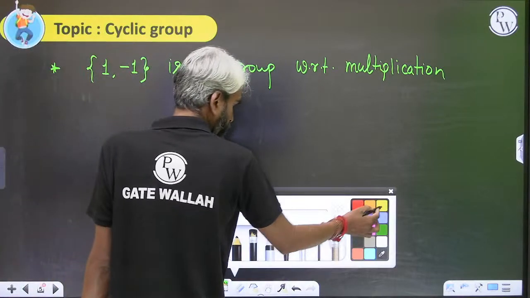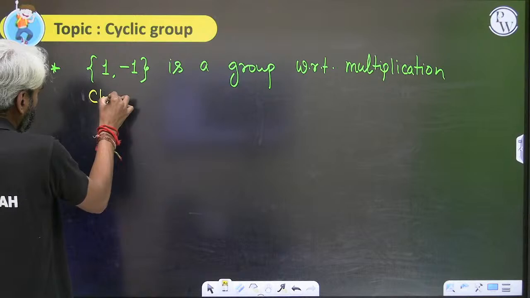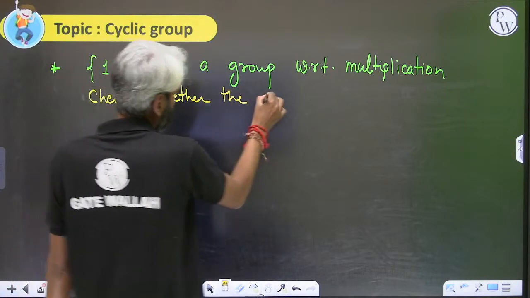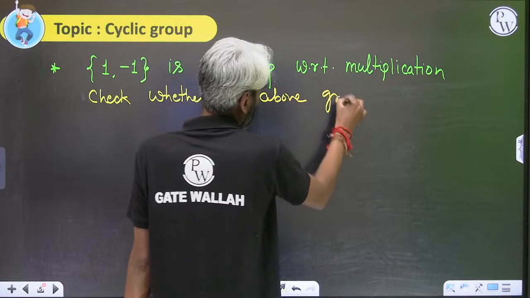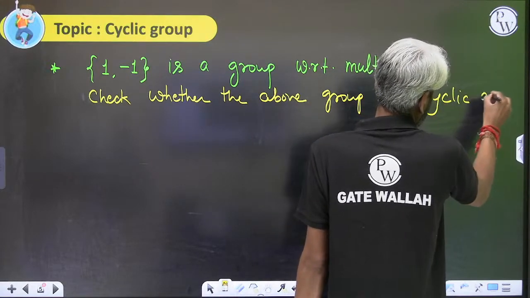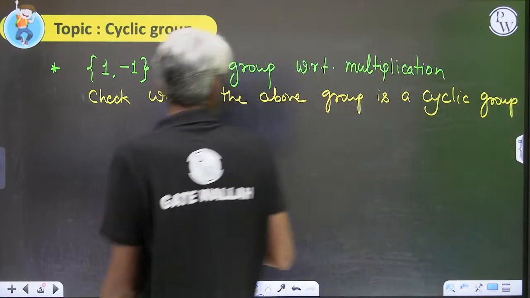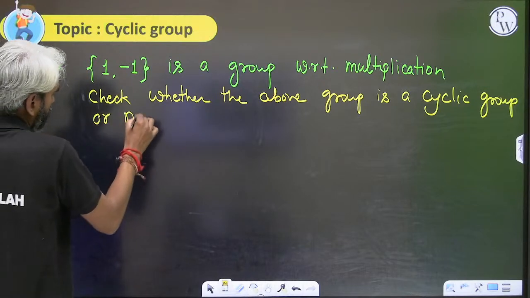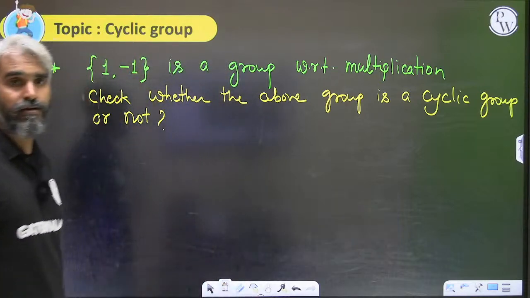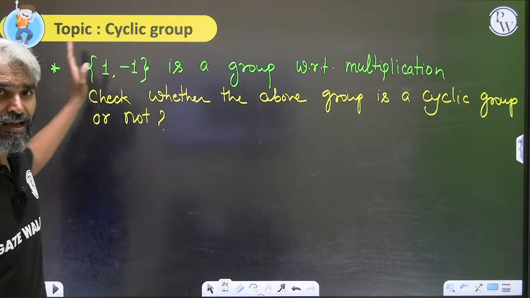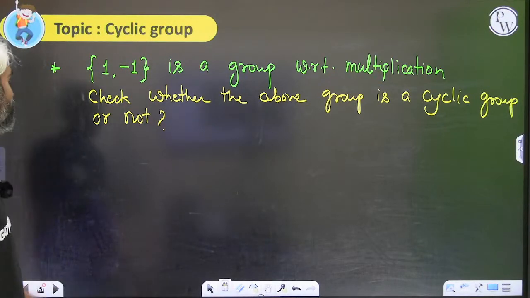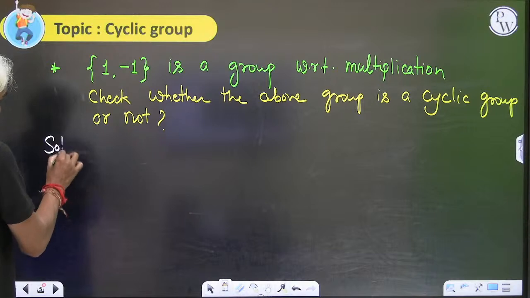Check whether the above group is a cyclic group or not. Please try to understand. We'll try to see whether every element of the set can be generated by some of the elements of this set or not. So let's start with the first element.